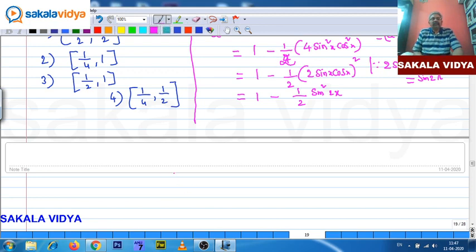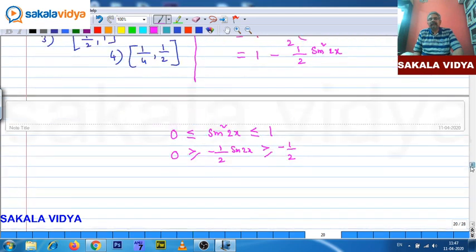We know that 0 less than or equal to sin square 2x less than or equal to 1. Multiply with minus half. This will be 0 greater than or equal to minus half sin square 2x greater than or equal to minus 1 by 2.